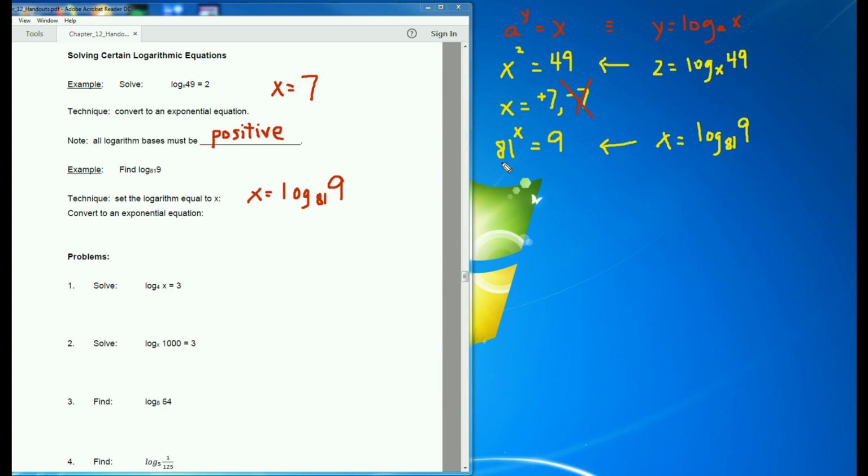All right, so in other words, 81 to what power is equal to 9? Well, we know that the square root of 81 is equal to 9. And taking the square root of something is the equivalent of raising that number to a power of 1/2. All right? So in other words, the solution is that x must equal 1/2.